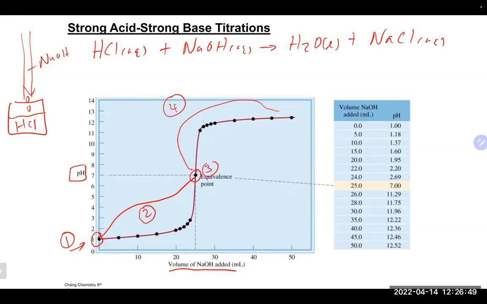So once you've started the titration, you always want to do that first ice table in moles. And much like we did with the buffer, once we're done with that first ice table, we want to convert it back into molarity. So let's take a look at what that would look like.